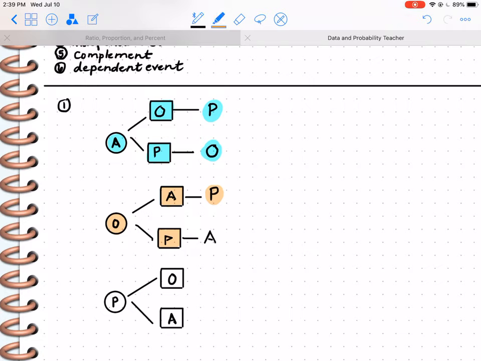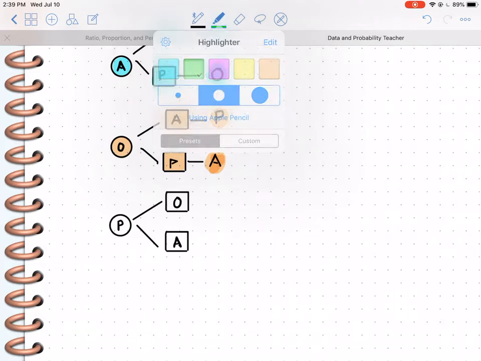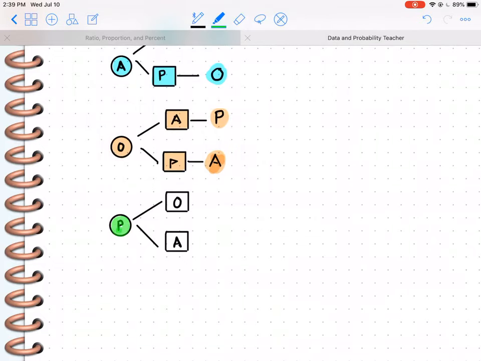Orange, pear, apple. All right, the third possibility would be a pear the first day, an orange the second day, and so that would leave only the apple for the third day.